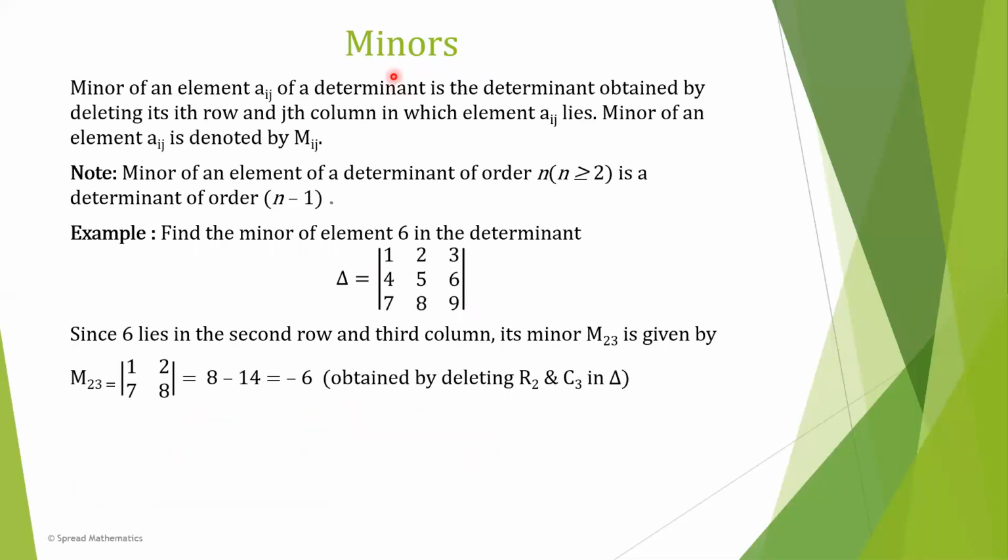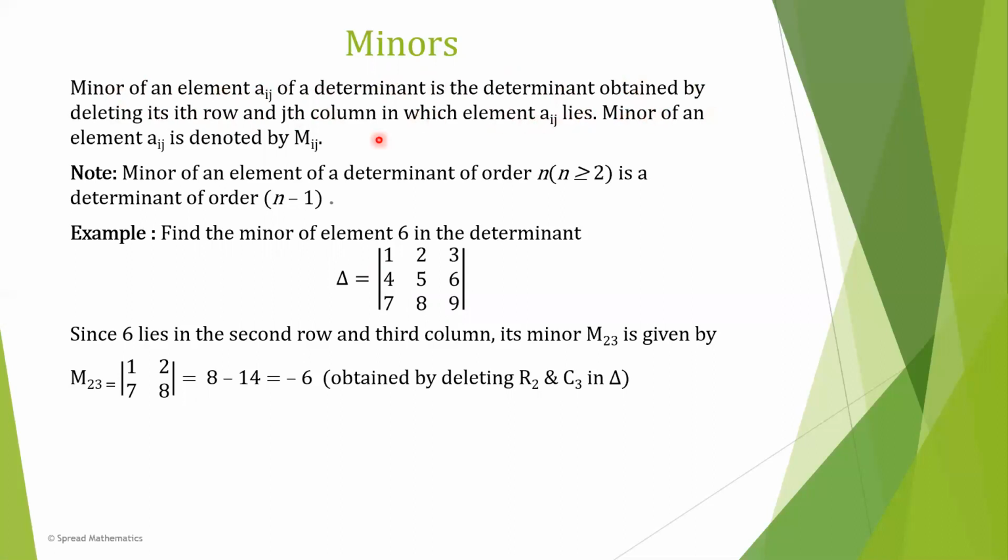Now we are discussing minors. The minor of an element aij of a determinant is the determinant obtained by deleting its ith row and jth column in which element aij lies.